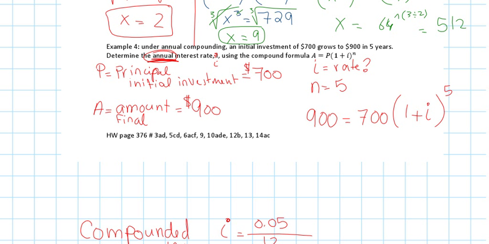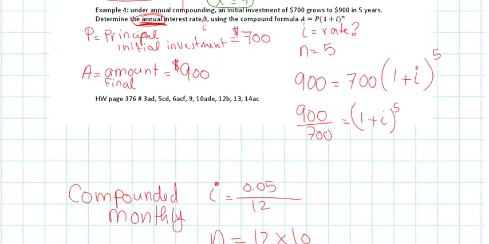So if I take that 700 over, it's going to become 900 over 700 equals 1 plus I to the power of 5.